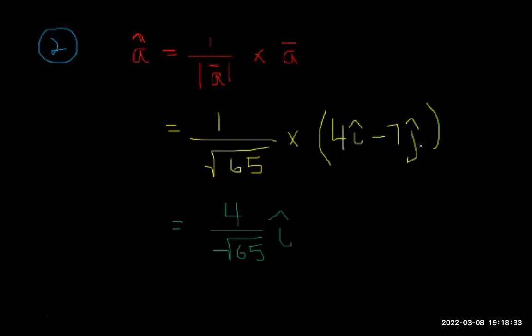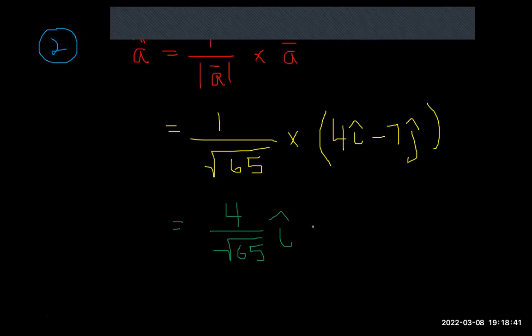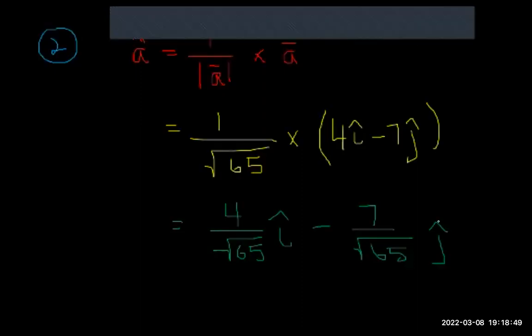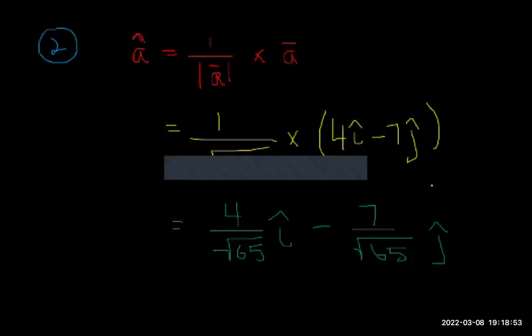Then I do the same for this one: 1 on the square root of 65 multiplied by minus 7j hat, which would give me minus 7 on root 65 j hat. And this right here, that is your unit vector.